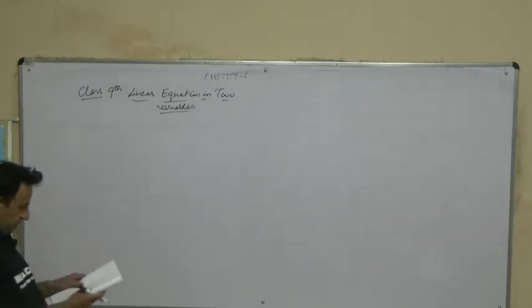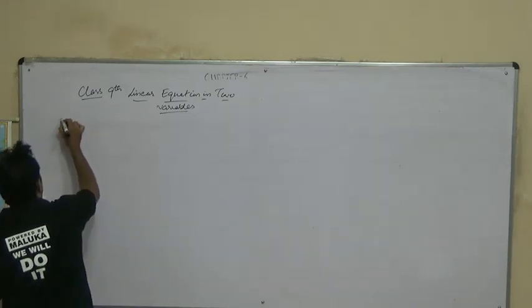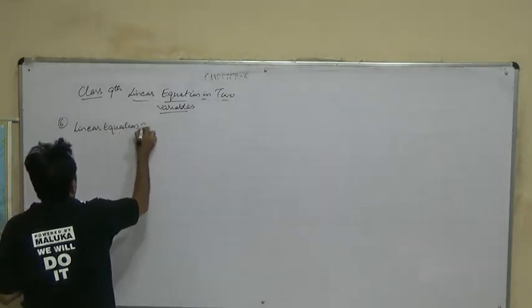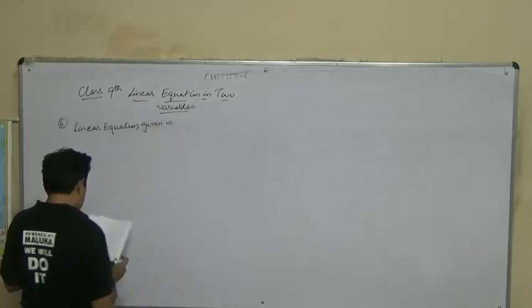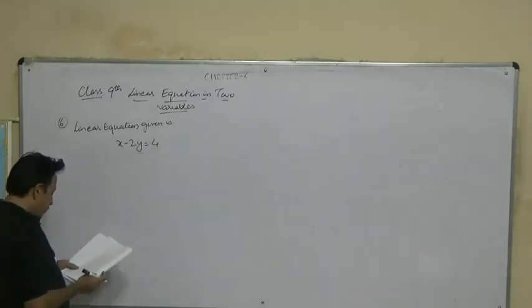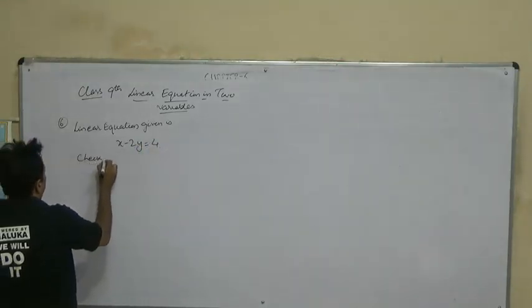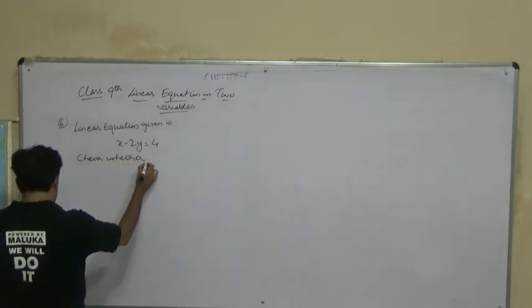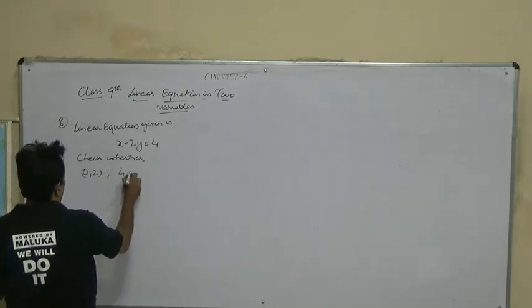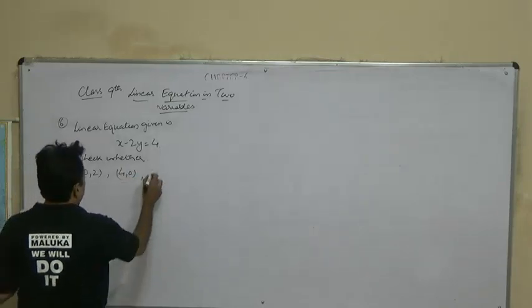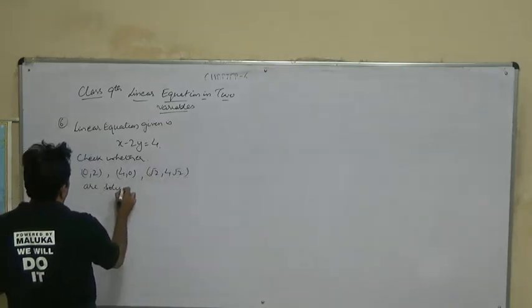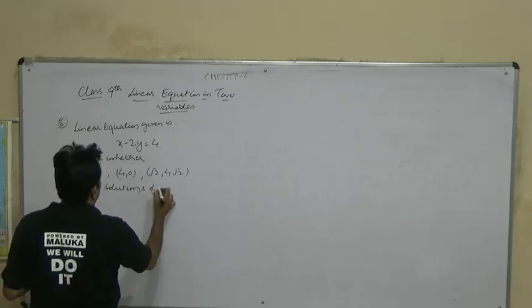We are given a linear equation, x minus 2y is equal to 4, and we have to check whether (0, 2), then (4, 0), then (root 2, 4 root 2) are solutions of the given equation or not.